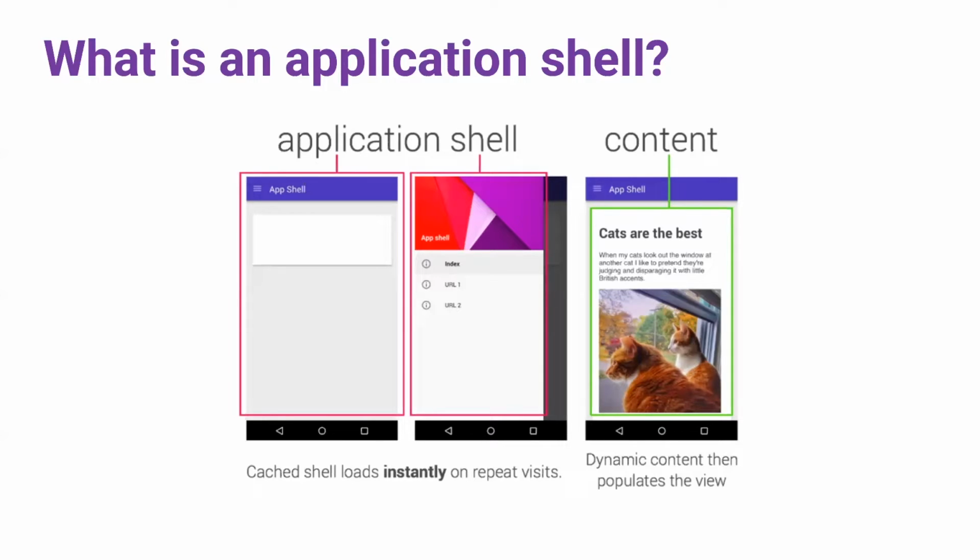The left side image contains the navigation and the main page layout, and on the right side image, we have the dynamic content that is loaded. It basically separates the dynamic content.